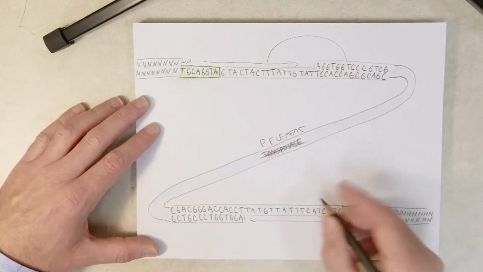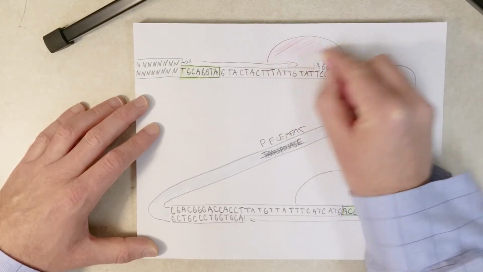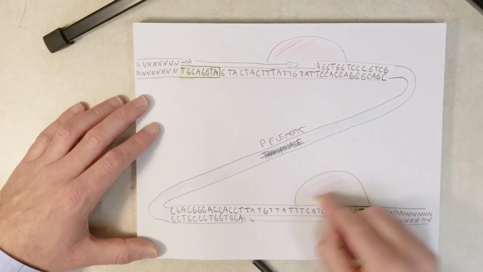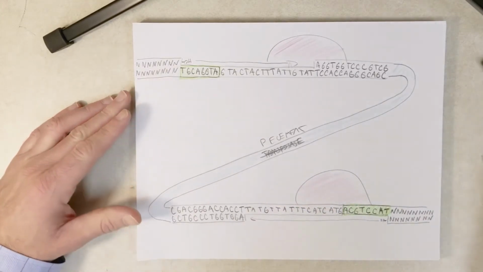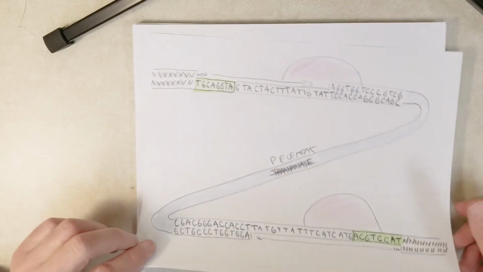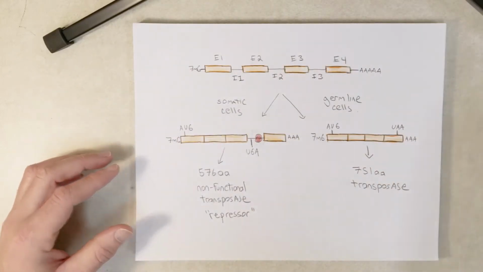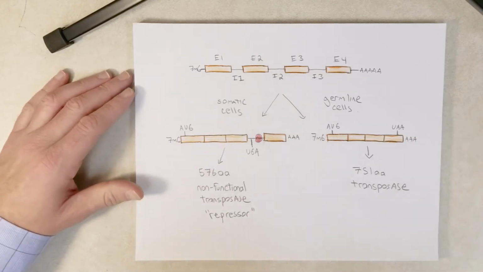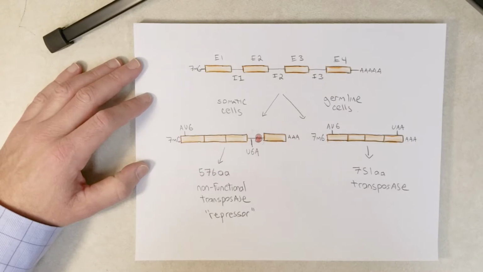I didn't diagram the transposases. And I'm assuming there are 2 transposases involved in this process, just like we saw with the insertion sequences. So that's essentially how the P element moves, very similar to the insertion sequences in bacteria.